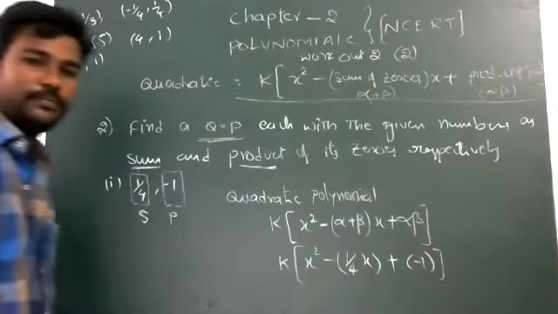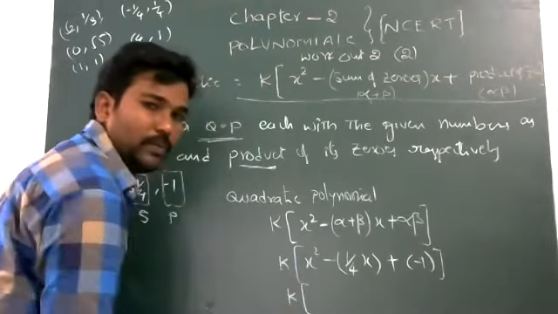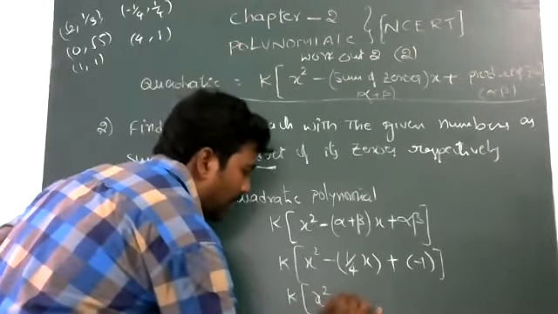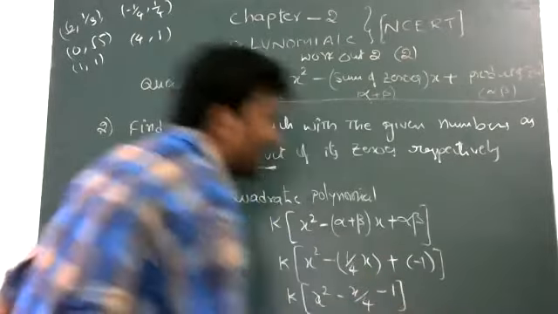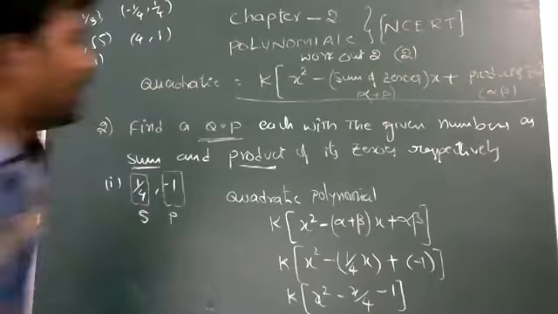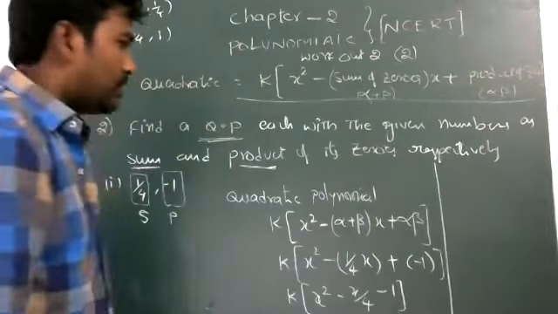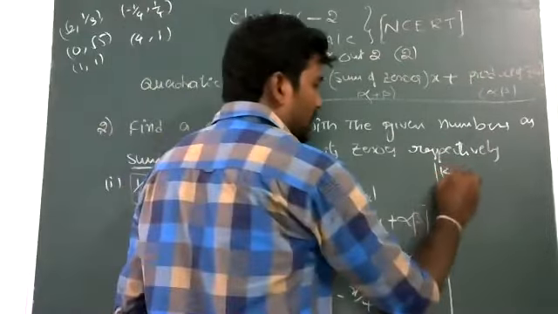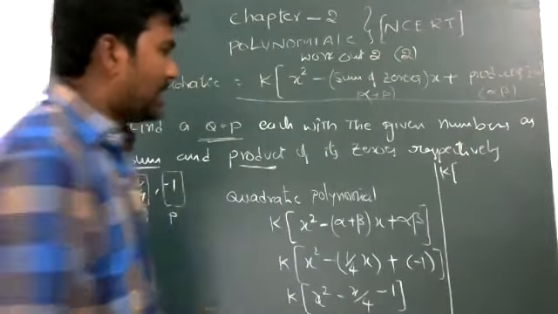Is it clear? Now again we write k into x square minus x by 4 minus 1. Here you can simplify the remaining values. So here you can write k as is. And now what is the LCM?